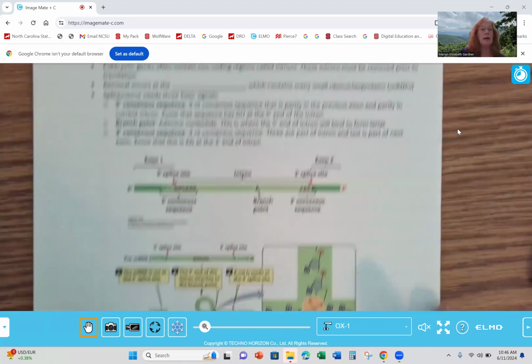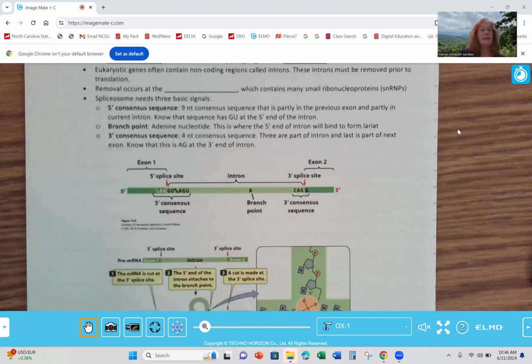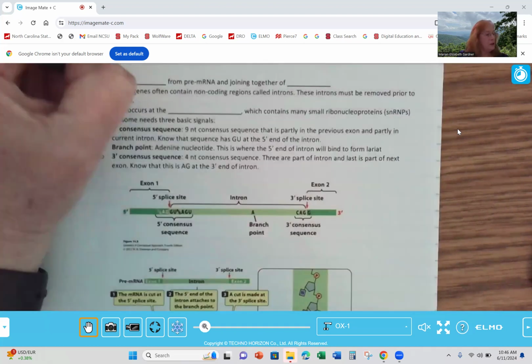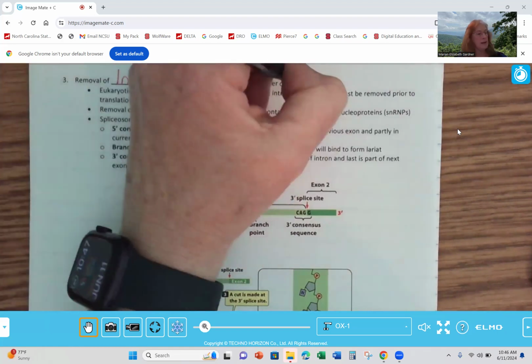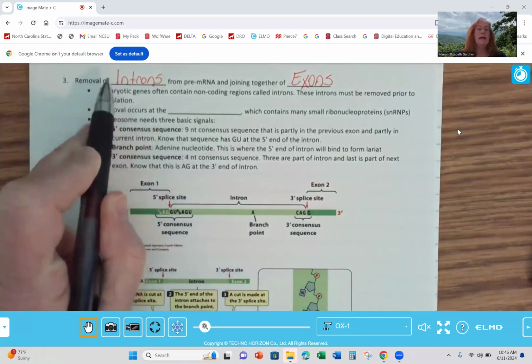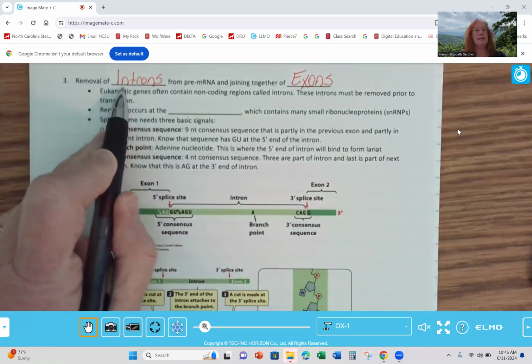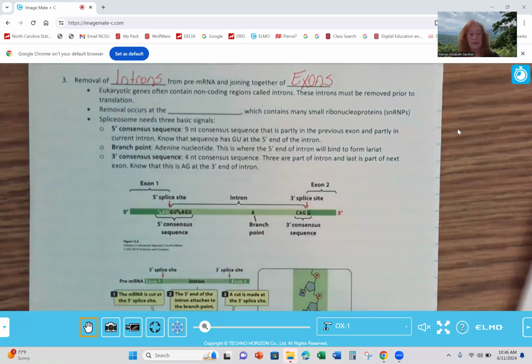The last part of the processing of the primary transcript has to do with removing introns and joining exons. Introns are intervening sequences. Exons, I guess, are meant to be the opposite of an intron. So it's the part that's kept.